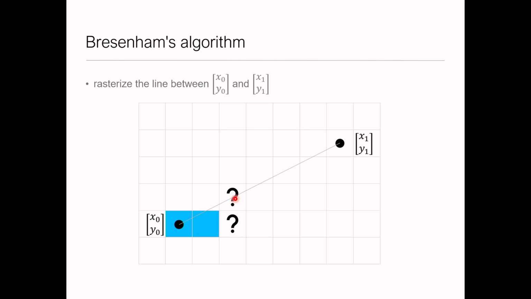You turn on that pixel there. Next iteration of the loop, add 1 to x, and the question is which one of these two pixels do I turn on, and so on until you draw your line. So the only interesting thing here is the question, which pixel do I turn on?